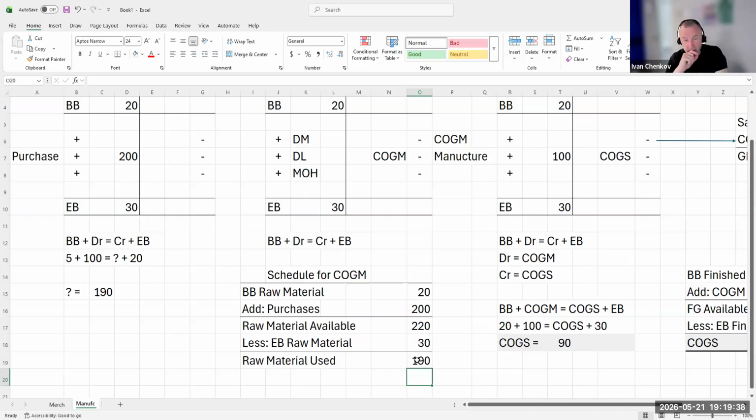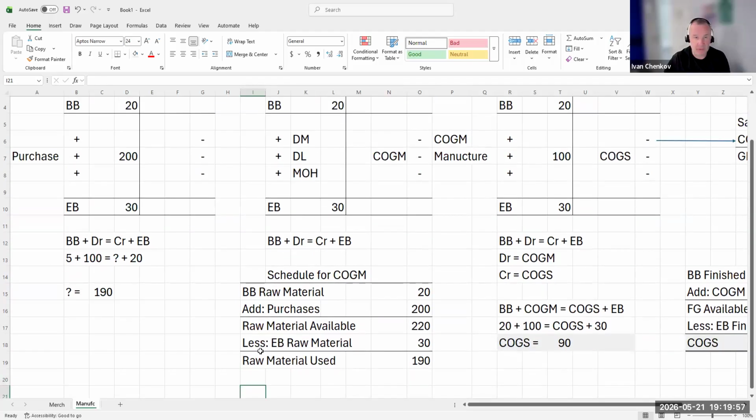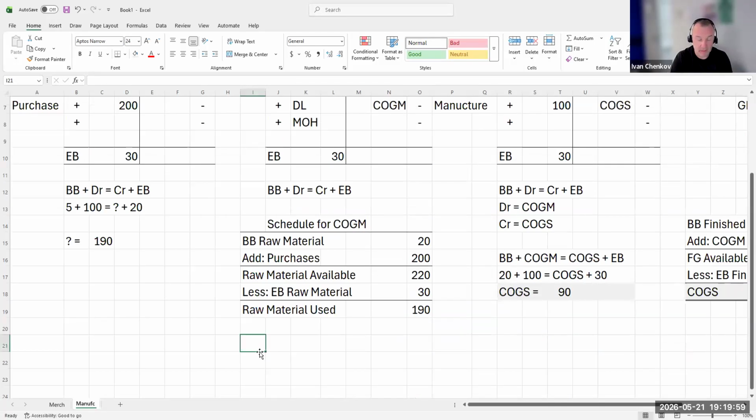Now, once we have the raw material used, we have to come up with the calculation for the work in process. Now we have two options here. I can plug the beginning balance in at the beginning, or I can plug it at the end. Let's go with plugging it in here at the beginning. Now we need the beginning balance of the work in process. Then what are we going to add?